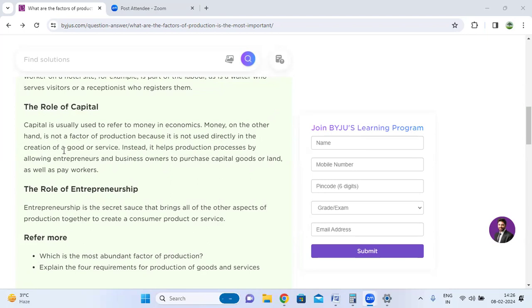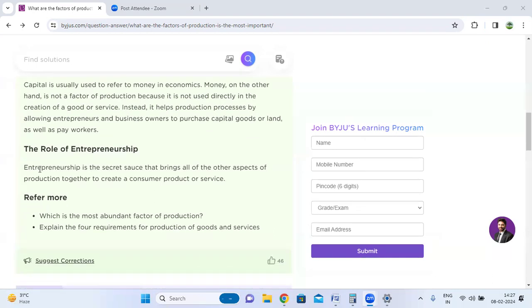Instead, it helps the production process by allowing entrepreneurs and business owners to purchase capital goods or land, as well as pay workers.